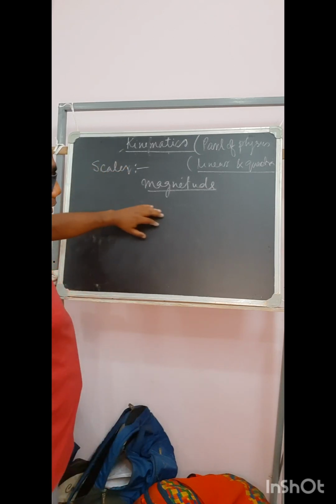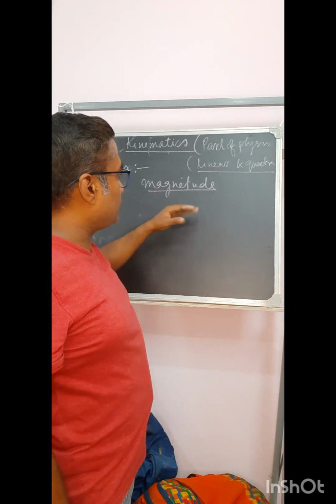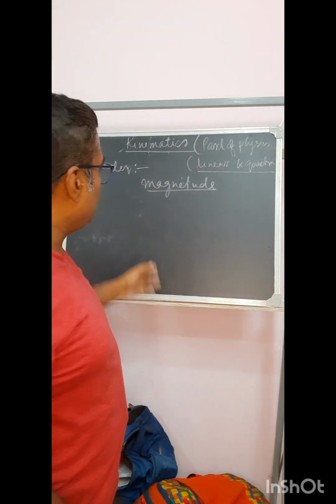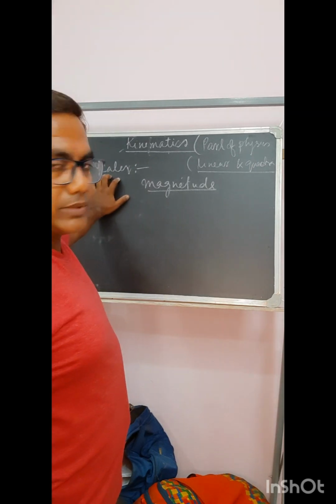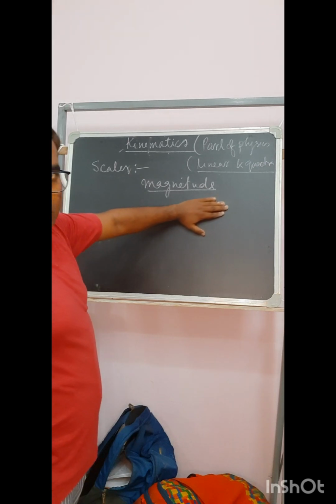But in the quantities I have described, there is nothing else coming other than the magnitude. So there could be one possibility only: the magnitude represented by the quantity is called scalar. The scalar has the magnitude only.